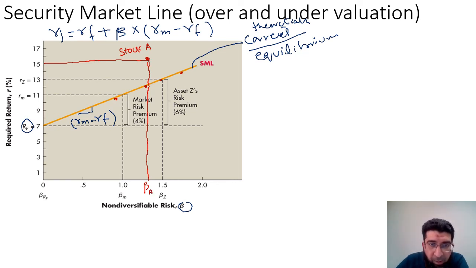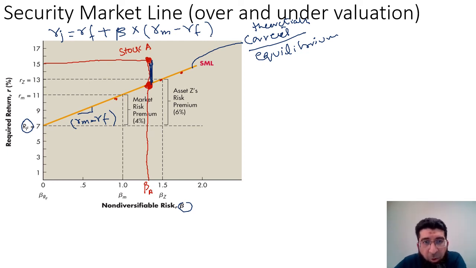Now this is the theoretically correct position where this stock should lie on this line. However, it is not. It is right now on this part. What will happen actually, the market knows that the return is higher, and they see that this difference between the stock price and the theoretically correct price is different.